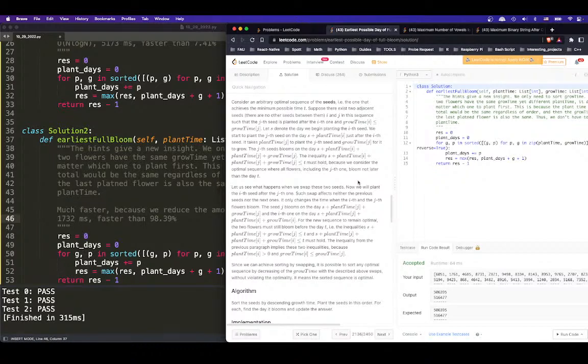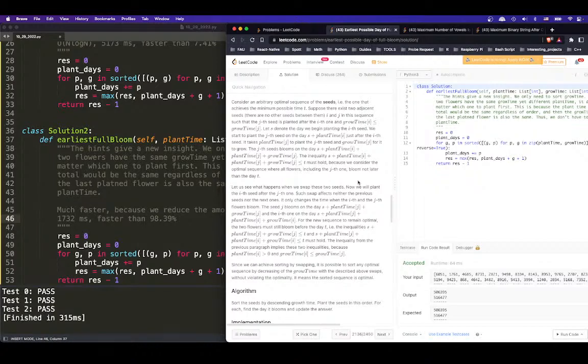So if this is the case, then S plus plant time i plus PT j plus GT j needs to be smaller than T. And then we also say if we swap them, then we have PT j plus PT i plus GT i.